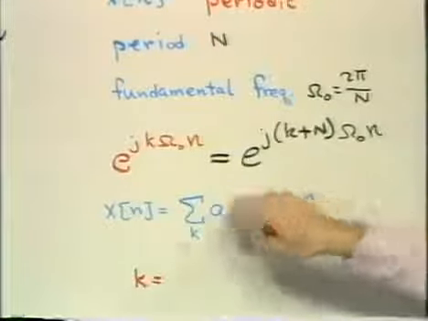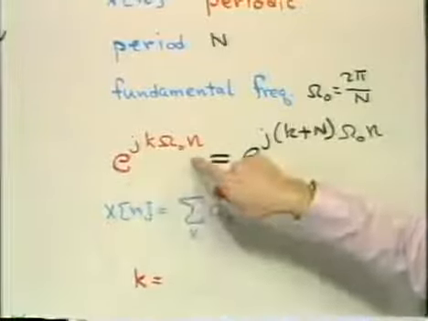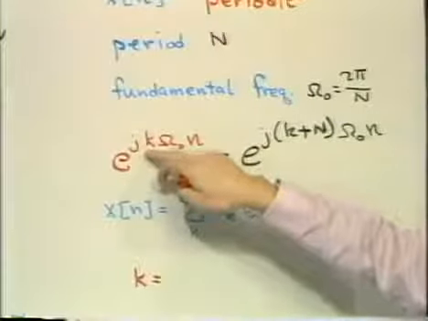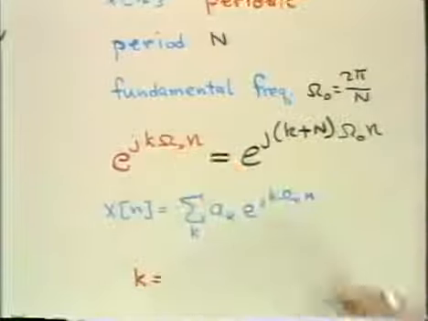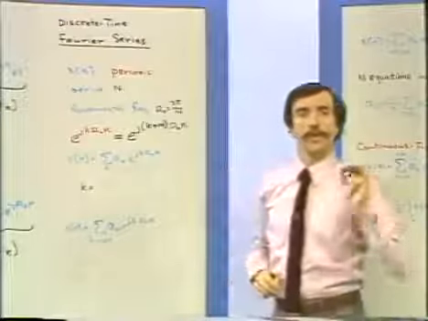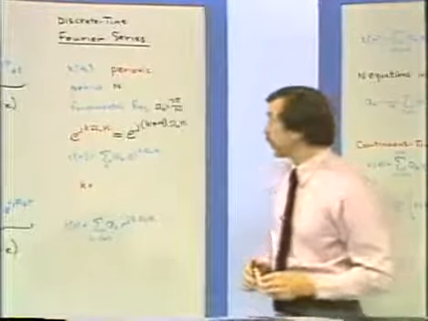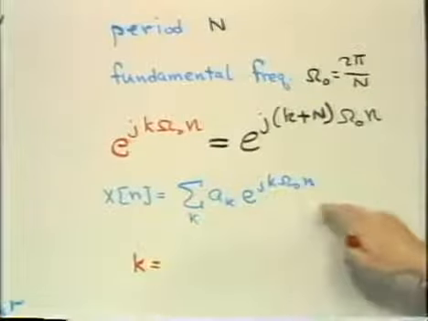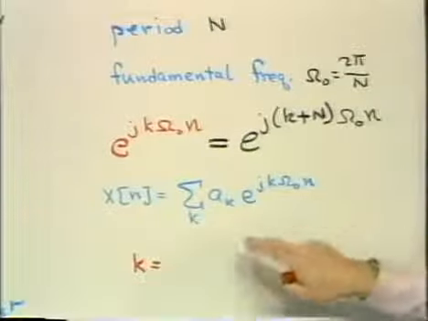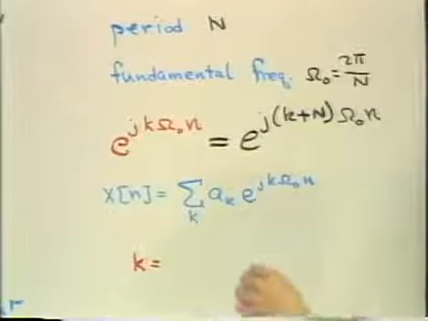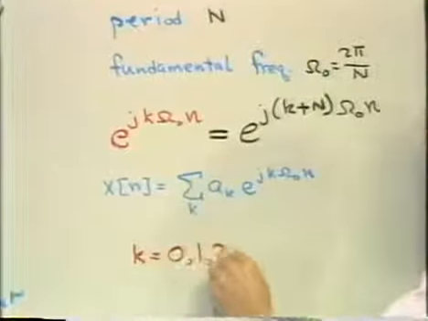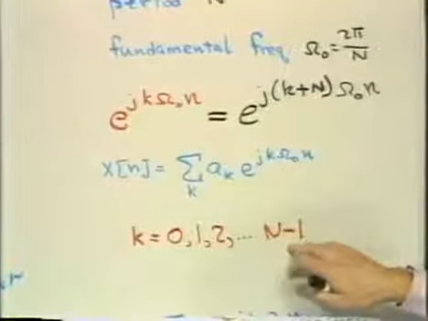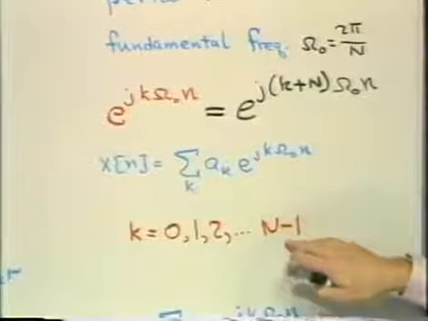Now, what does that say? What it says is that if I consider this class of complex exponentials as k varies from 0 through capital N minus 1, we will see all of the ones that there are to see. There aren't any more. So if we can build x of n out of this linear combination, then we should be able to do it as k varies from 0 up to N minus 1, because beyond that, we'll simply see the same complex exponentials over again.